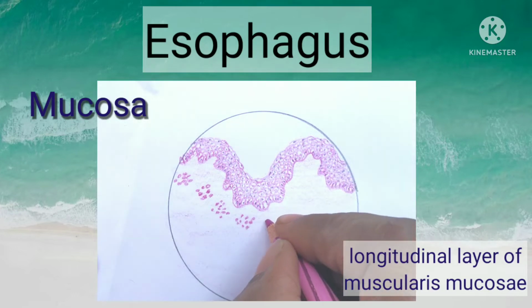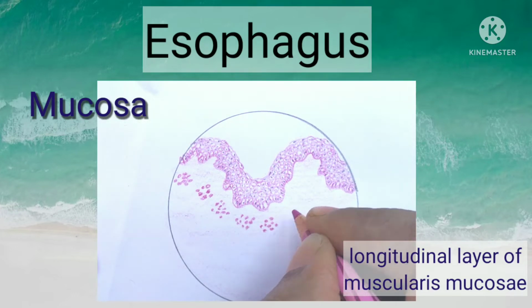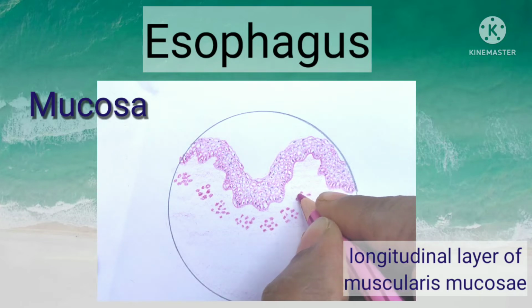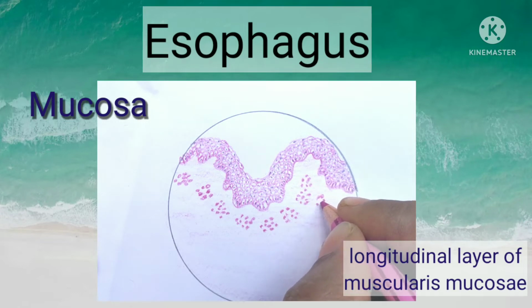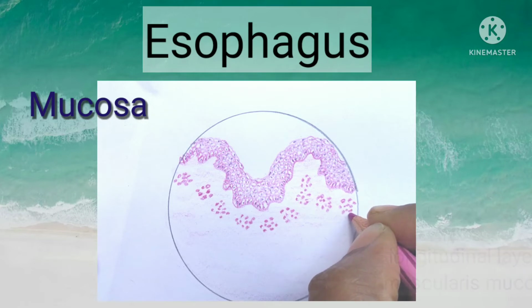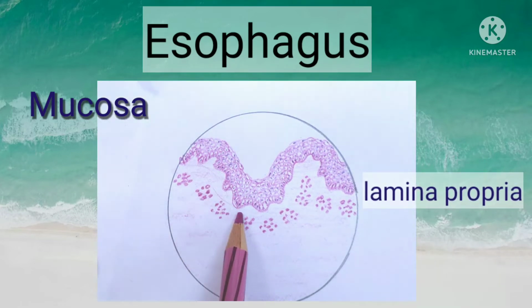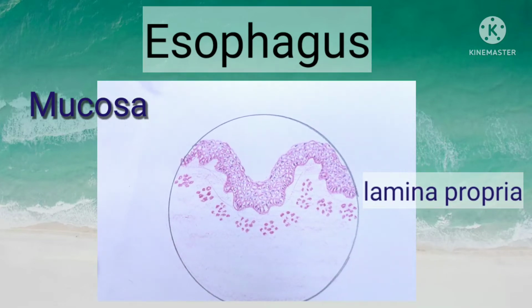Below the lamina propria, we have the muscularis mucosae. The main important thing in the esophagus is that in the muscularis mucosae, only longitudinally organized smooth muscles are present. There are no circular smooth muscles. Only longitudinal bundles of smooth muscles, no circular layer.